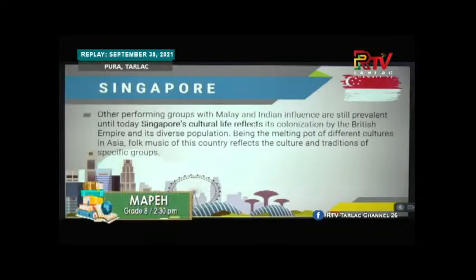Until today, Singapore's cultural life reflects its colonization by the British Empire and its diverse population. Being the melting pot of different cultures in Asia, folk music of this country reflects the culture and traditions of specific groups.